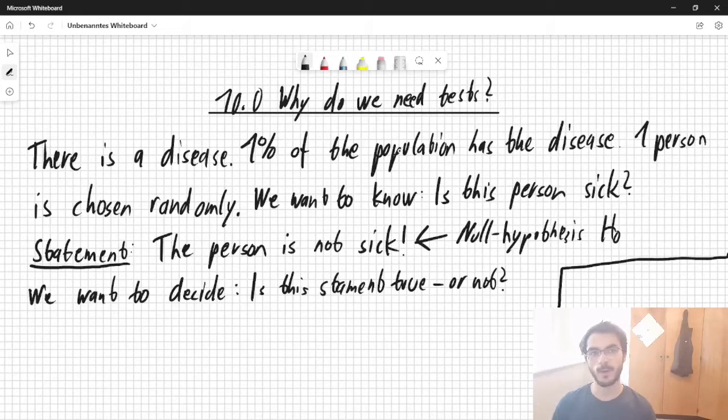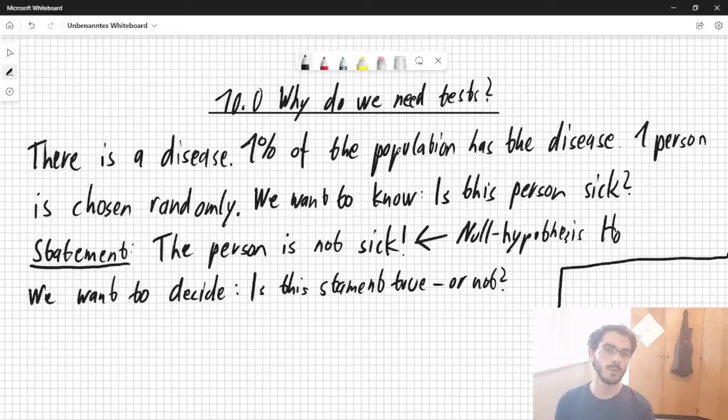I'm going to talk about how to choose the null hypothesis in a moment, but often, at least in medicine, the null hypothesis is what's usually the case. So here the usual case is going to be that the person is not sick. At least 1% of the population has the disease, so that makes sense.